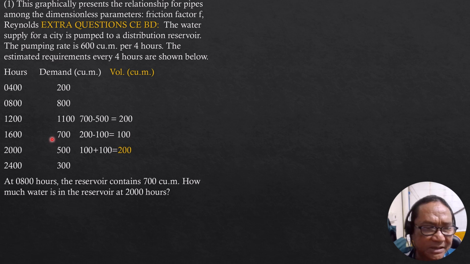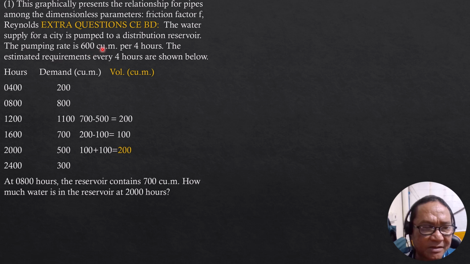Then between 4 p.m. and 8 p.m., the demand reduces to 500 and the pumping rate is 600. So that means the pumping rate of 600 is in excess by 100 cubic meters. So where should that 100 cubic meters go? It should go to the reservoir.